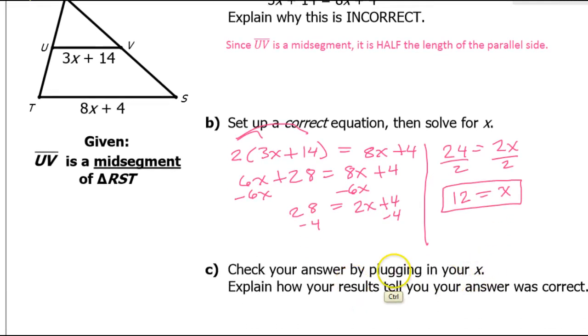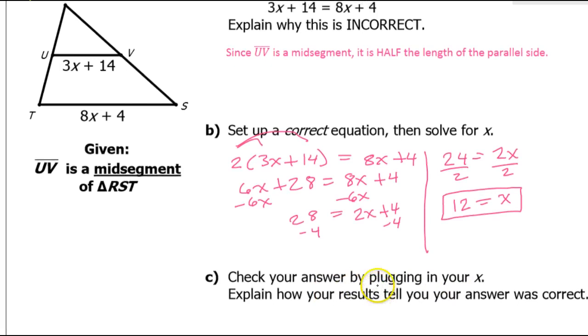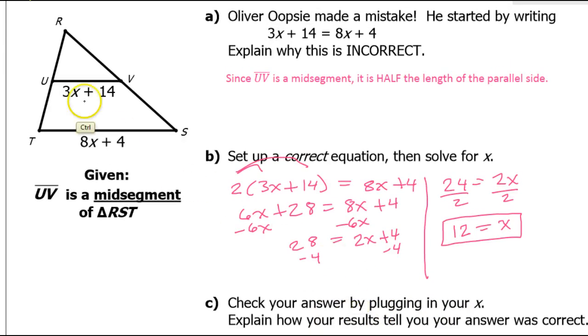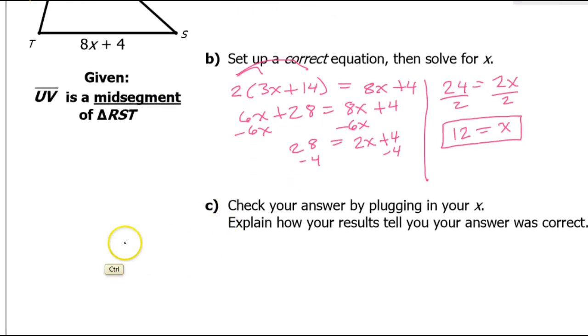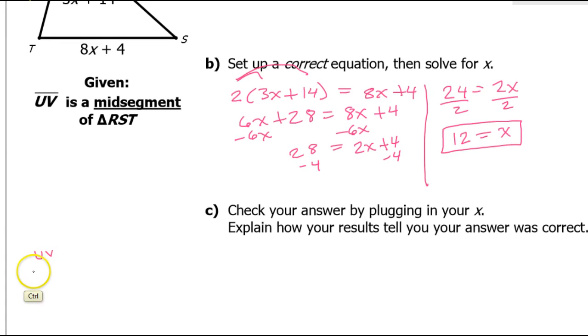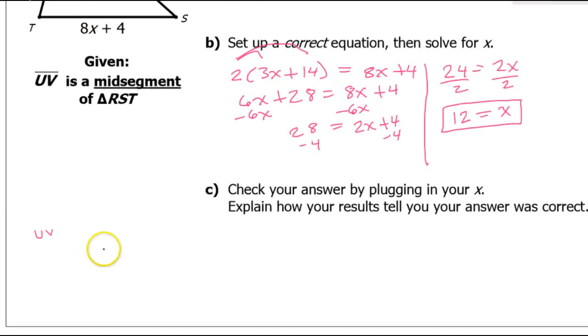Okay, check your answer by plugging in your x. Okay, so if I plug in this x, I should find that UV is half the length of TS. So let's do that. Okay, so segment UV, well, the length of UV is 3x plus 14.